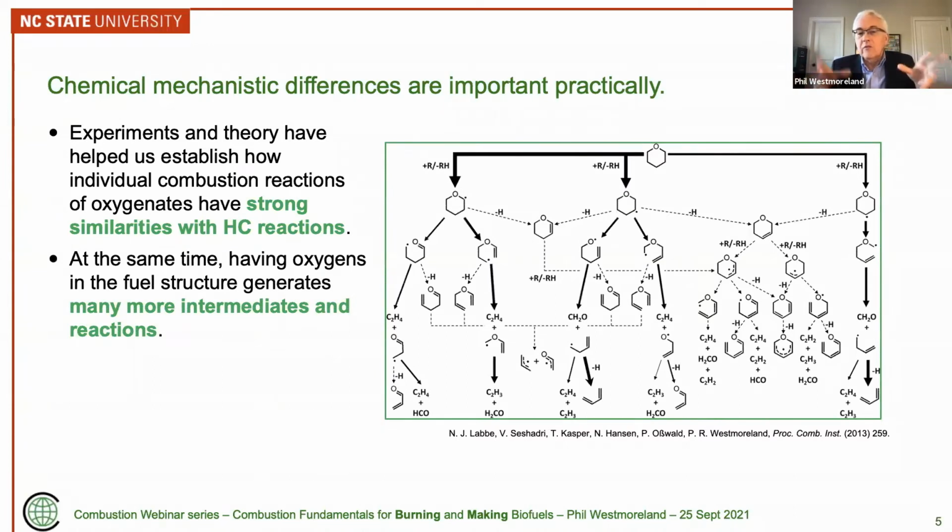Having oxygens in the fuel structure means it's not just a relatively simple pathway that we can go down, but there's more complexity. In the case that I show you here, tetrahydropyran is the base ring of glucose. So it's a good one to compare with.